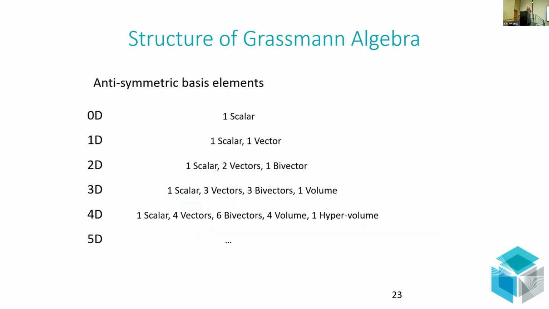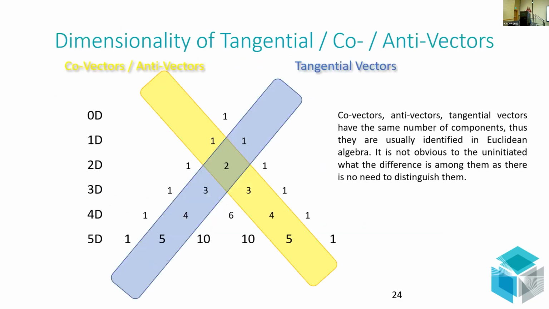Again, let's go to the structure of the Grassmann algebra, the Pascal triangle, and the space is similar, like the tangent vectors that are lying in this plane, and the covectors, same as the antivectors, lying within our plane. So in 2D, of course, they are just identical.